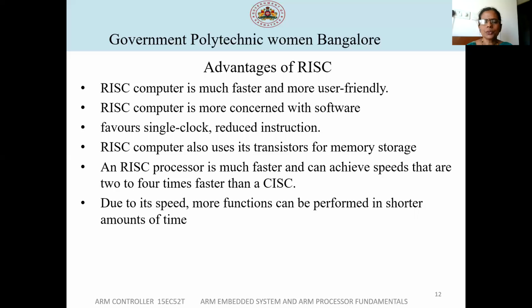A RISC computer uses transistors for memory storage. A RISC processor is much faster and can achieve speeds 2 to 4 times faster than CISC. Because of this, we use RISC in ARM. Due to its speed, more functions can be performed in a shorter amount of time.